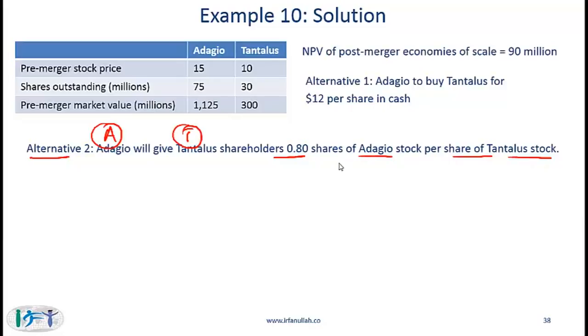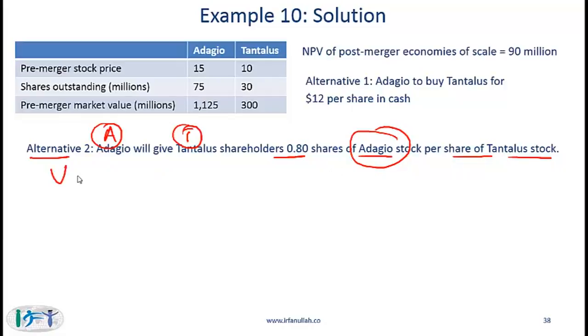So the first thing that you now need to do is figure out what the value of Adagio stock will be post merger or post acquisition. And I discussed the formula with you earlier.